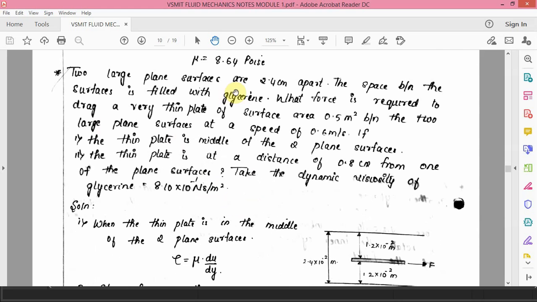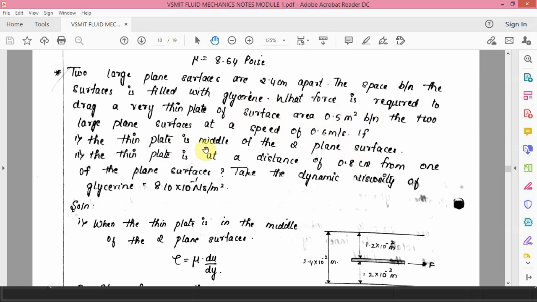Two large plane surfaces are 2.4 centimeter apart. The space between the surfaces is filled with glycerin. What force is required to drag a very thin plate of surface area 0.5 square meters between the two large plate surfaces at a speed of 0.6 meters per second?